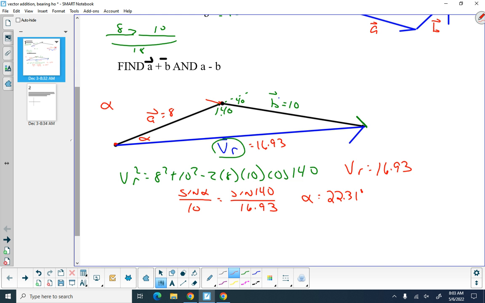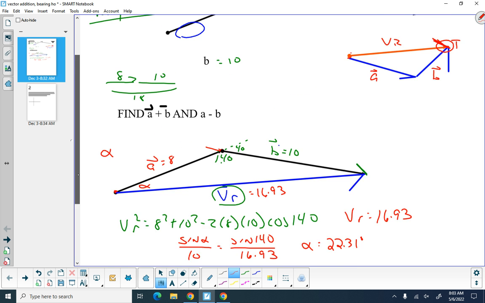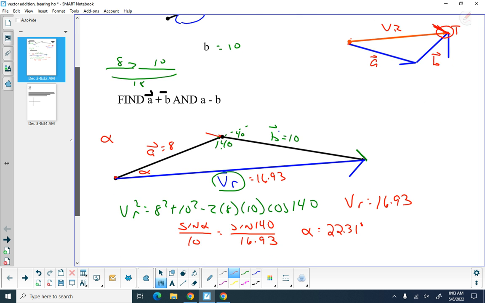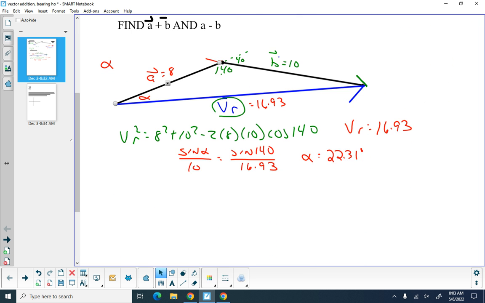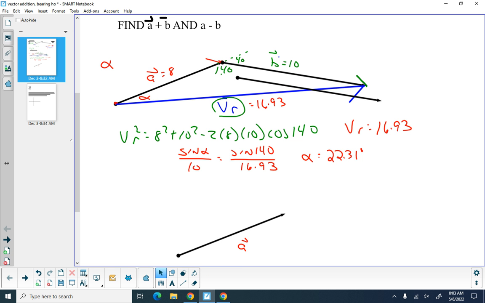Well, if we have A minus B, we're going to travel A and then we have to go the opposite to B. Well, if I add B, I go in this direction.